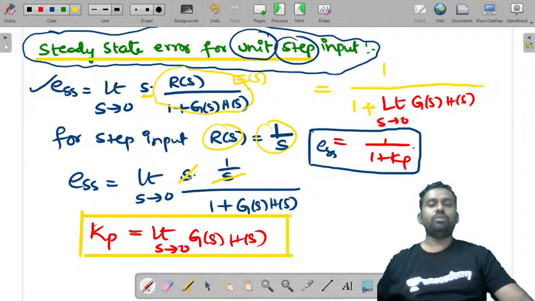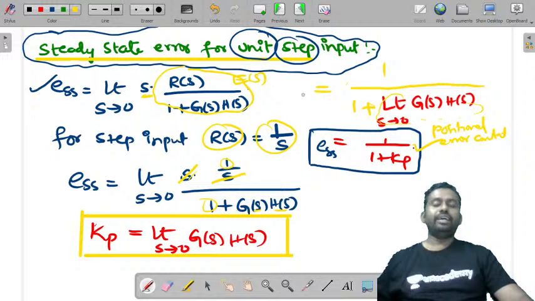So from this if you apply limit, you cannot apply limit to 1 and 1, there is no s term, so that will remain 1 and 1. And if you apply limit to this term, it is limit s tends to 0 G of s into H of s. So this term is termed as the positional error constant, denoted by Kp. So ESS will be 1 by 1 plus Kp.